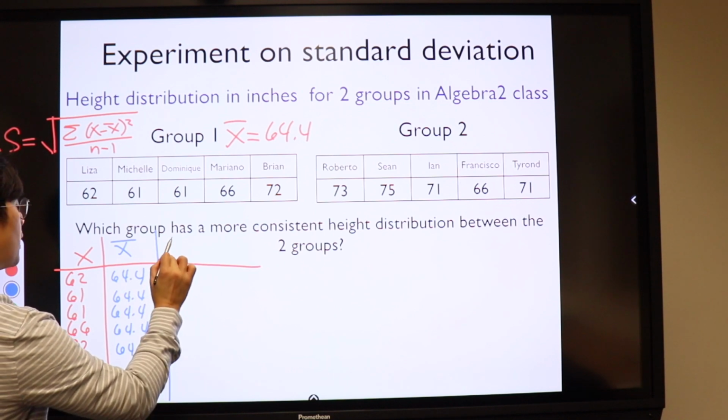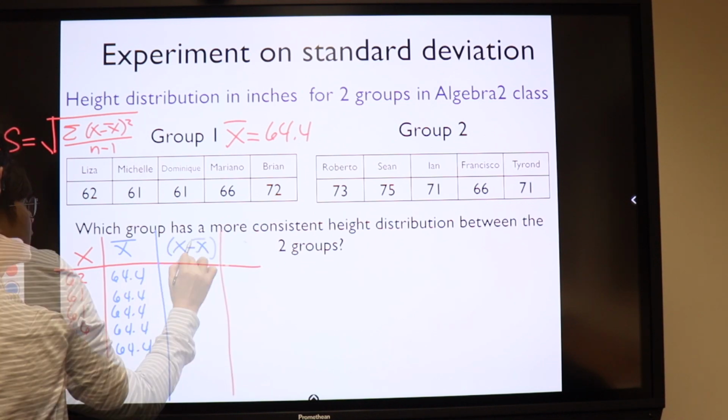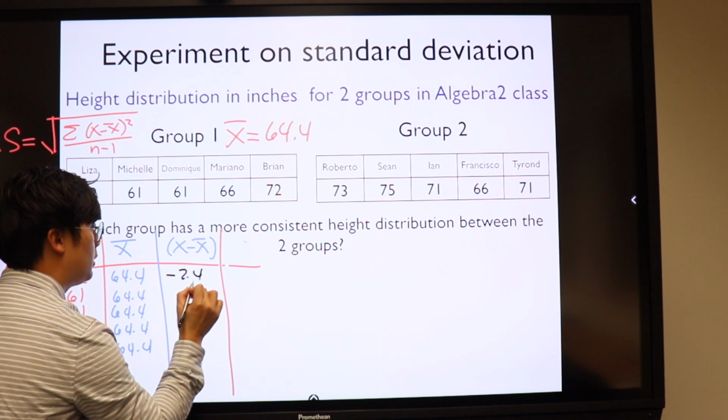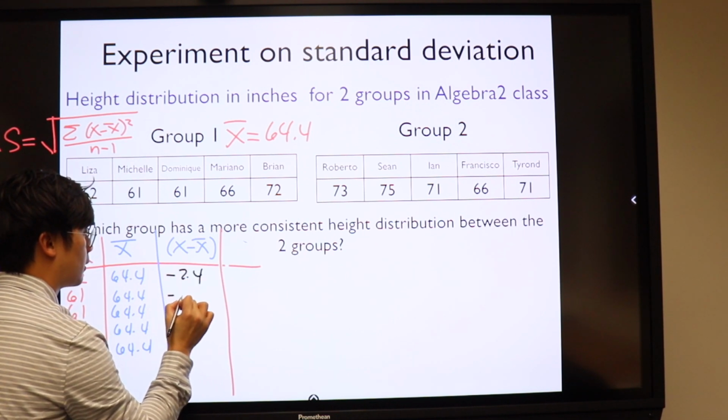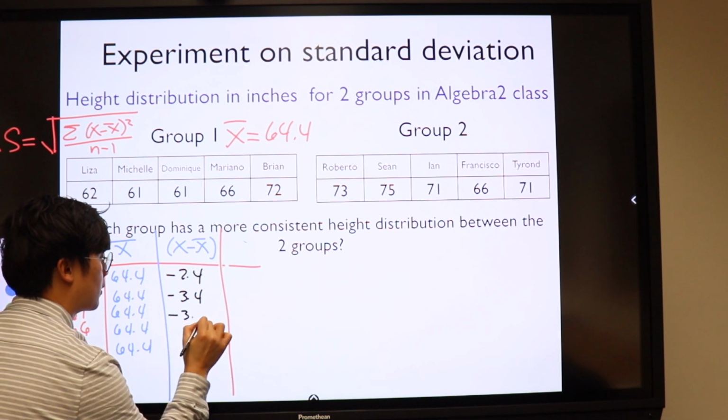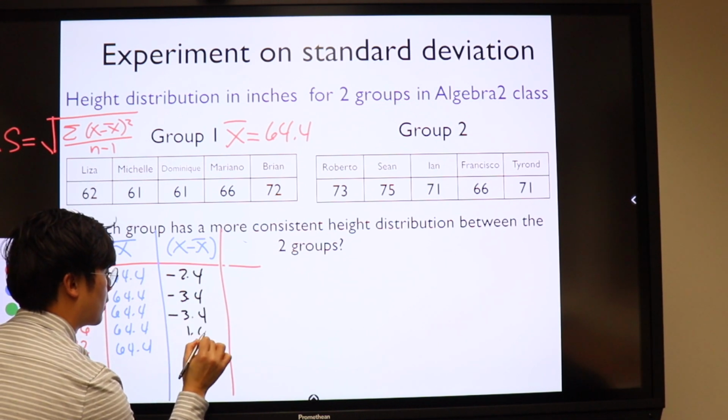And then I need my x minus x bar. Negative 2.4. Negative 2.4. The next one's negative 3.4. Negative 3.4. 1.6. 7.6.